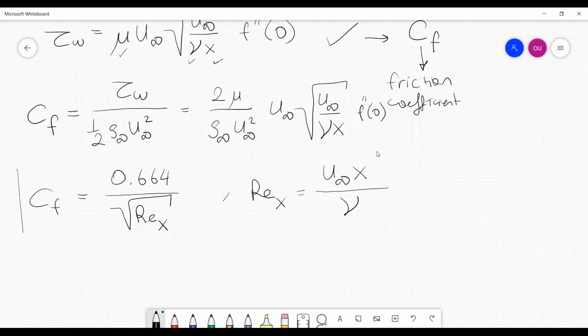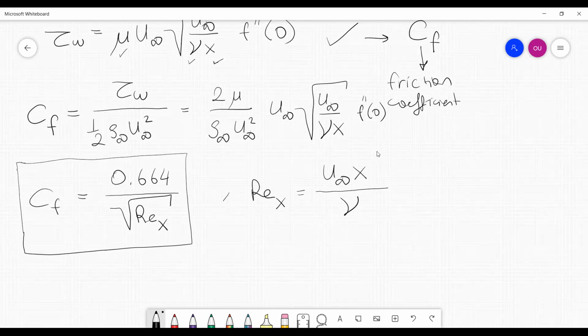So this equation tells you how the friction coefficient varies along the flat plate immersed in a laminar flow that has a laminar boundary layer on top of it. This is the solution for how CF changes with x, or with Reynolds number.